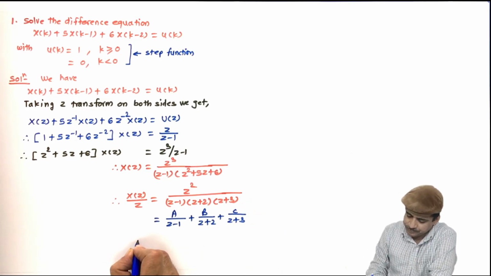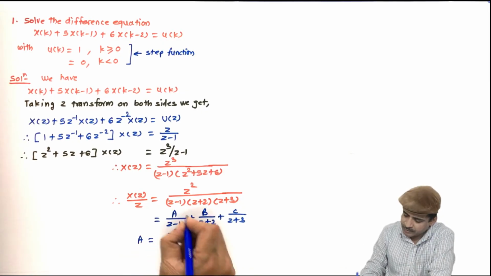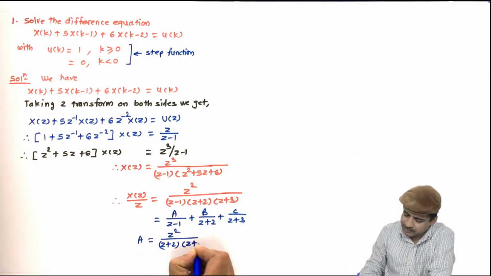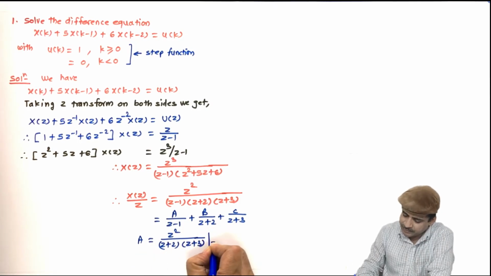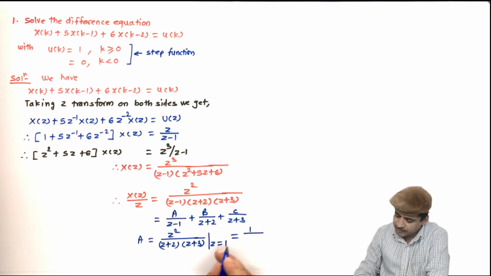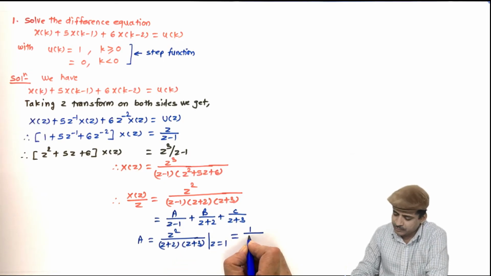Now what is A? A is equal to z square upon the remaining terms, that is z plus 2 into z plus 3, keeping z equal to 1. This will be 1 upon 3 into 4, so it is 1 by 12.